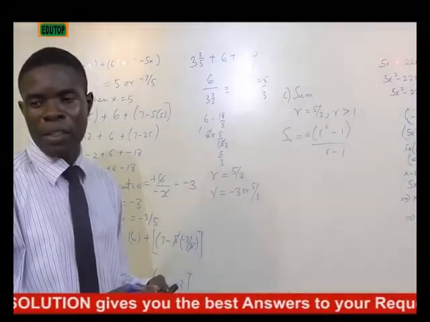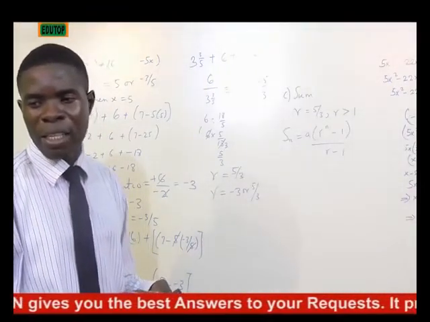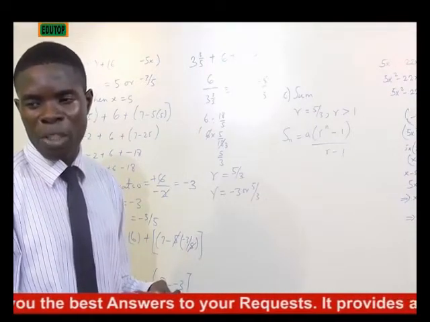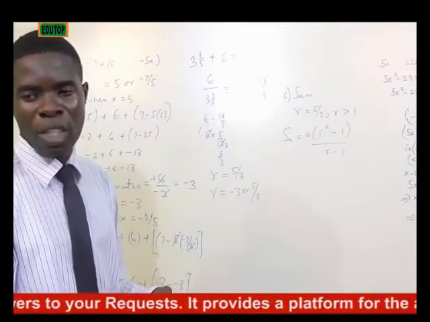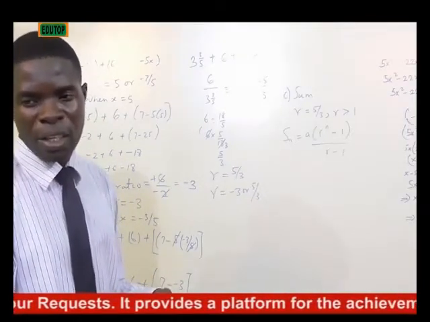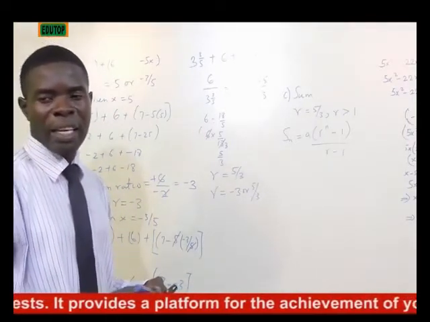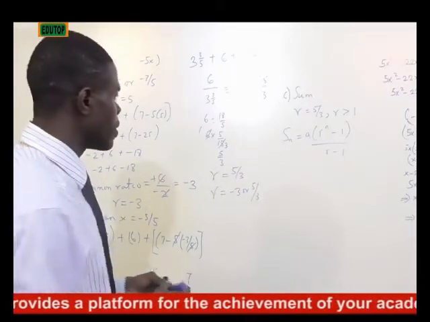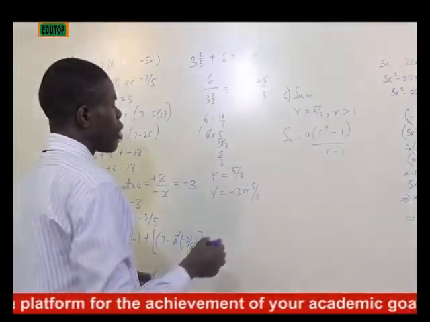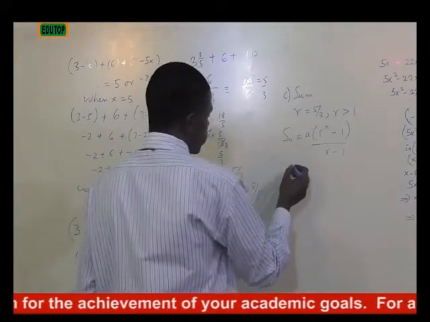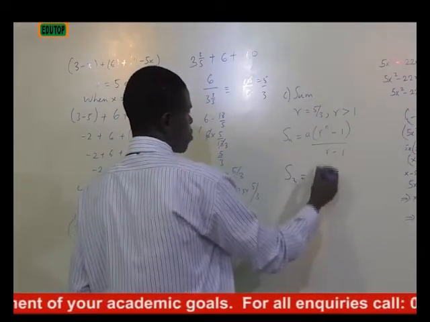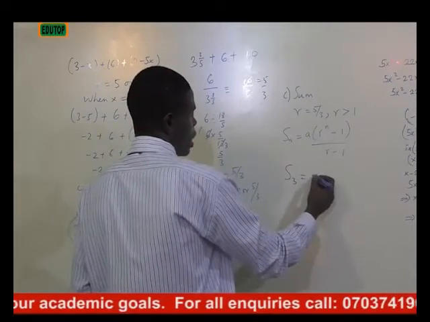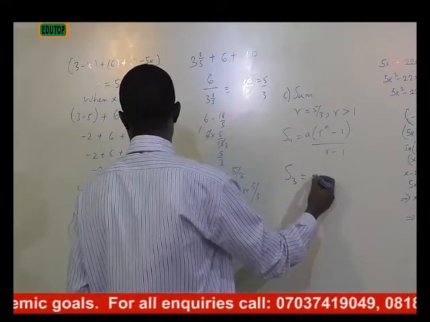Here, since the question asks us to find two possible values for our sum, given this geometric series, we have 3 terms in this series. And since we have 3 terms, S3 will now be equal to A. What is our A?